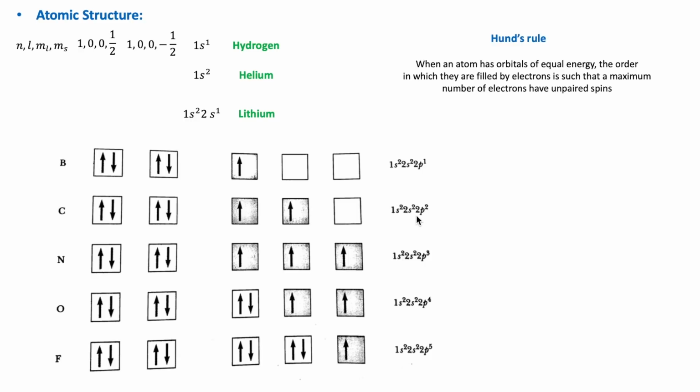Also notice how carbon has 6 electrons, and notice how the 2 electrons in the 2p subshell are arranged. Instead of going into the same orbital with paired spins up and down, they occupy different orbitals with unpaired spins, so both are pointing up.